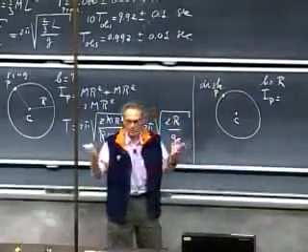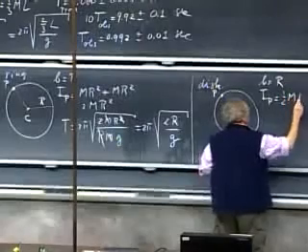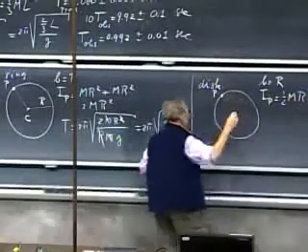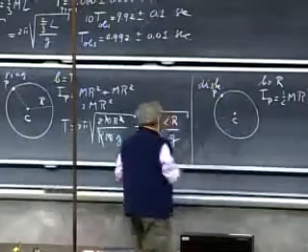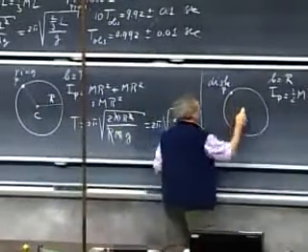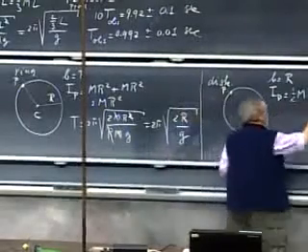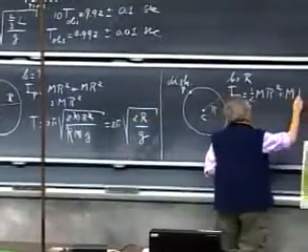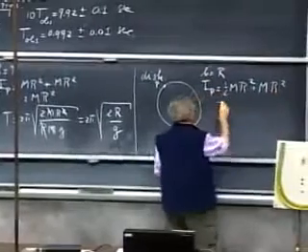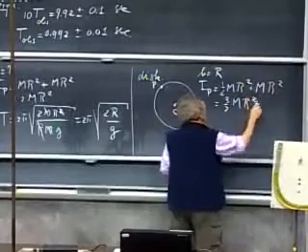In the case of your exam, it was given on the front cover, 1/2 m r squared. That's the moment of inertia for rotation about the center of mass. And now we have to add m b squared and B equals R. So we have to add mr squared. So we find 3/2 mr squared.